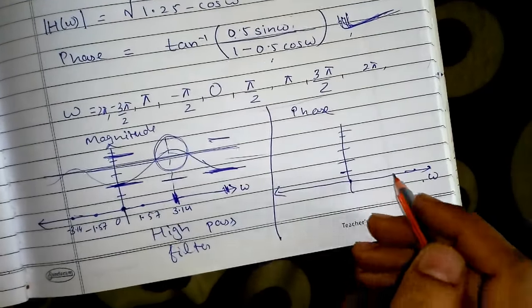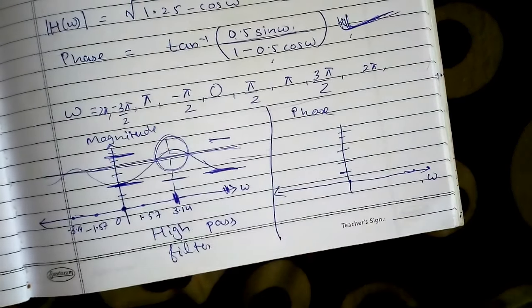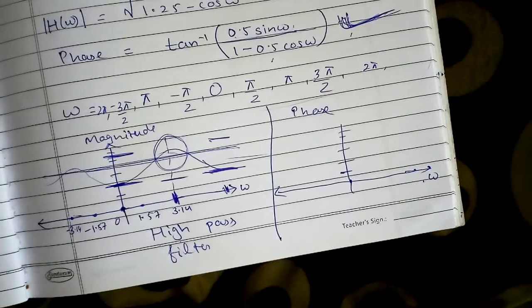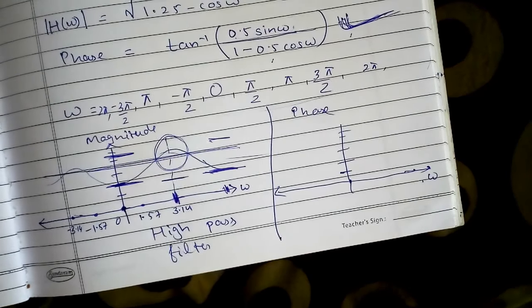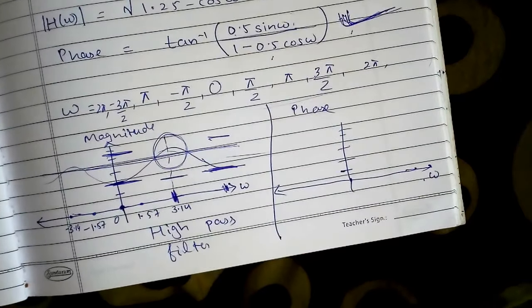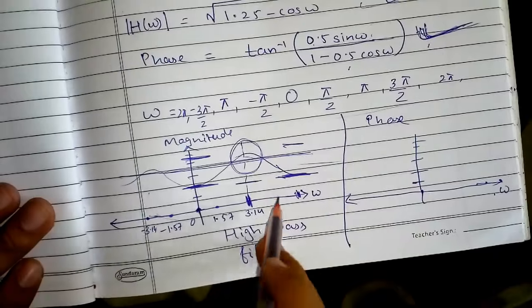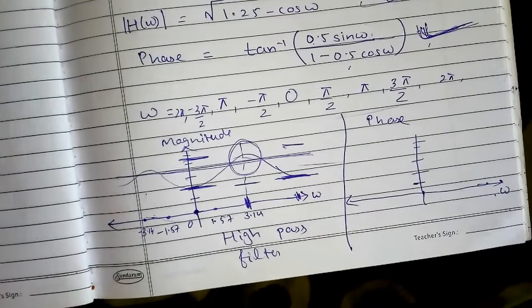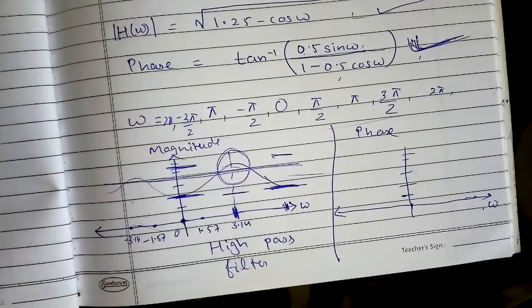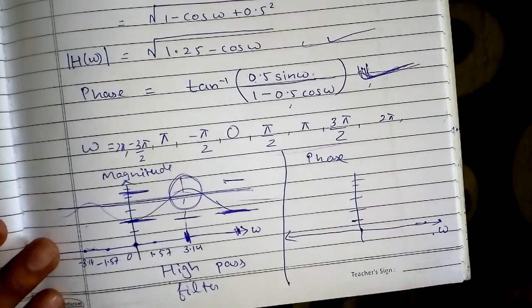After plotting them on the y-axis, just draw the graph. Now phase in this chapter, in general, does not denote anything, because using the magnitude graph we would have already found out whether the filter is high pass, low pass or all pass. So you just have to plot the phase and leave it as it is.